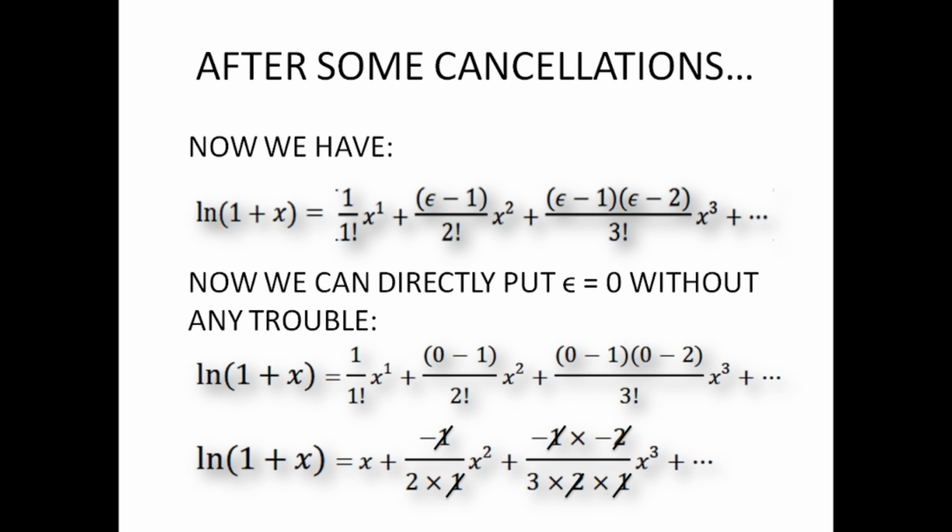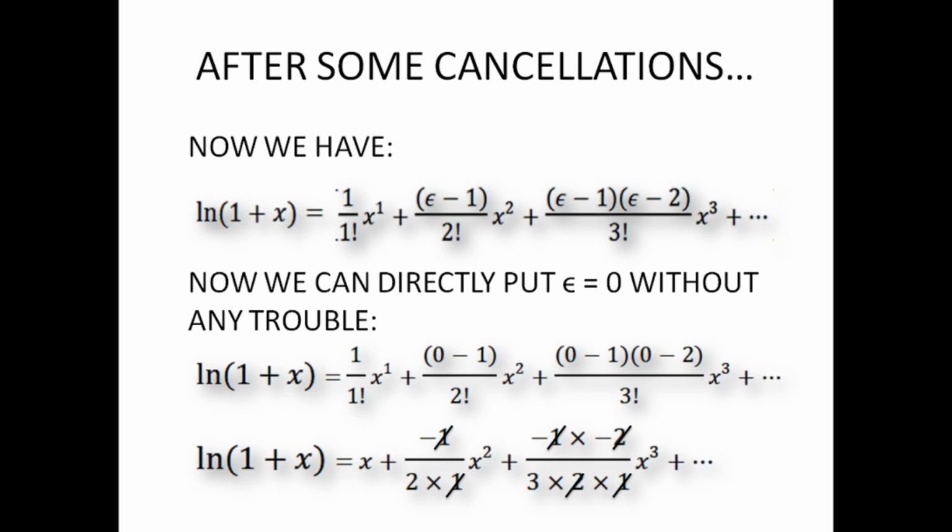So we can, without any guilty feeling, directly put epsilon equal to 0. If we put epsilon equal to 0, our series becomes 1 by 1 factorial x power 1 plus 0 minus 1 divided by 2 factorial x square plus 0 minus 1, 0 minus 2 divided by 3 factorial x cube plus so on.